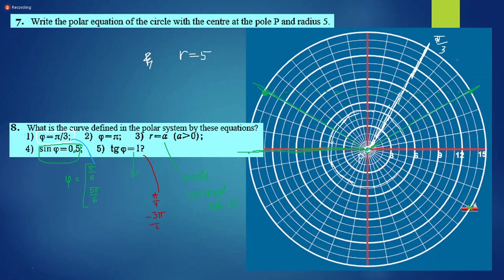So pi over 4, 45 degrees, would be all the points in this direction, not the origin, because that doesn't ever count, and going in the opposite direction. Okay. 1, 2, 3, 4, this way.